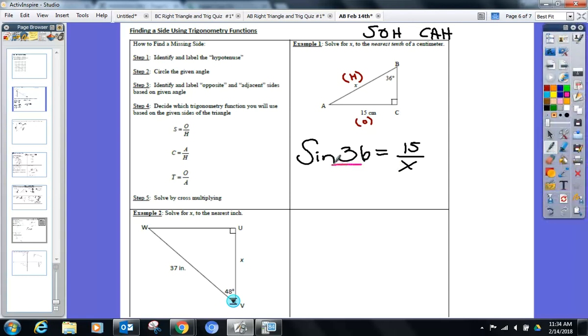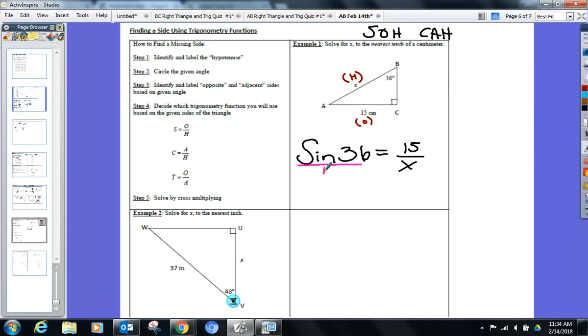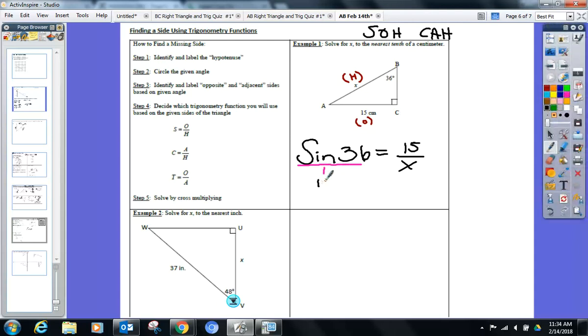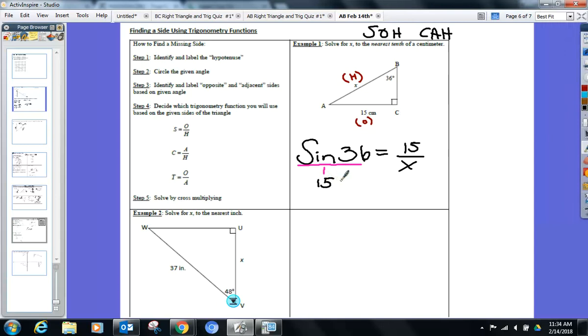Hey, this is really over what? 1. And what is this? Yeah, we've been doing it all year, right? This is a proportion I can cross multiply. So help me cross multiply. 15 times 1, yep, equals sine of 36, which is a number, and your calculator will do it in a second, times x.